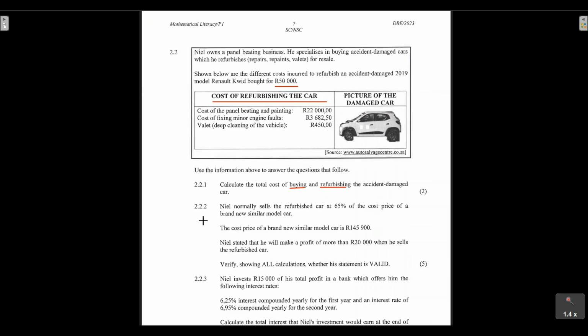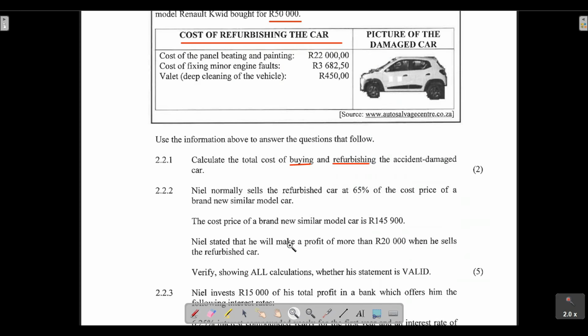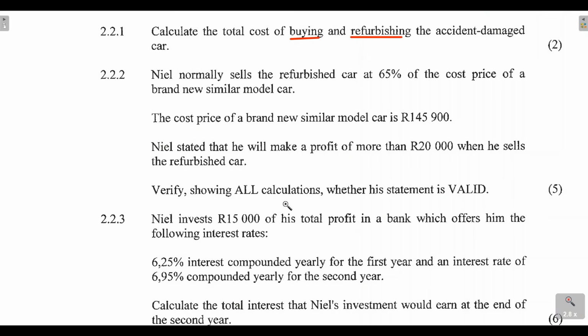All right, let's have a look at question 2.2.2. So question 2.2.2 says, Neil normally sells the refurbished car. Let me zoom this in so that you guys see it properly. Question 2.2.2 says, Neil normally sells the refurbished car at 65% of the cost price of a brand new similar model car.